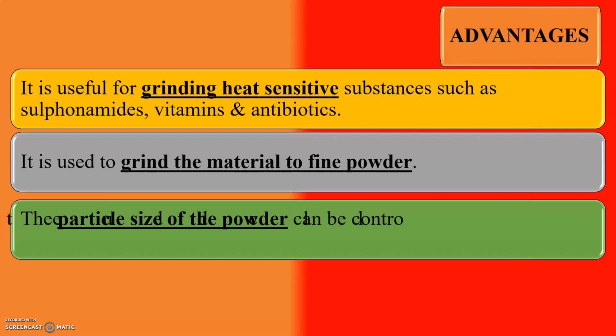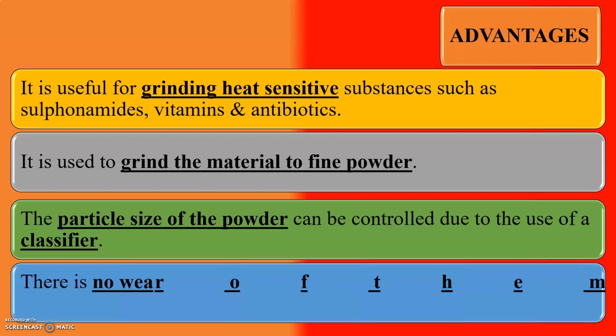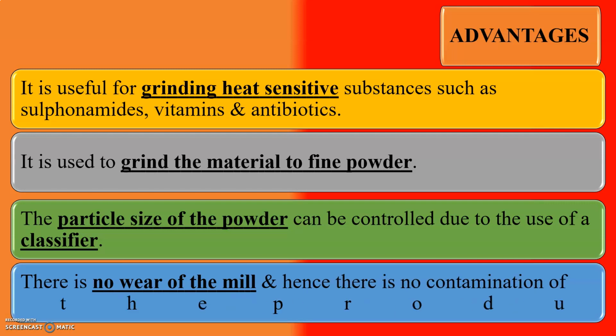Next advantage of fluid energy mill is the particle size of the powder can be controlled due to the use of a classifier. Next advantage of fluid energy mill is there is no wear of the mill and hence there is no contamination of the product.